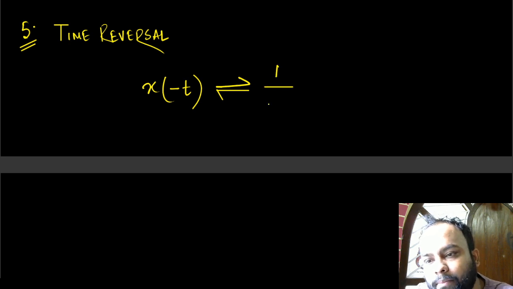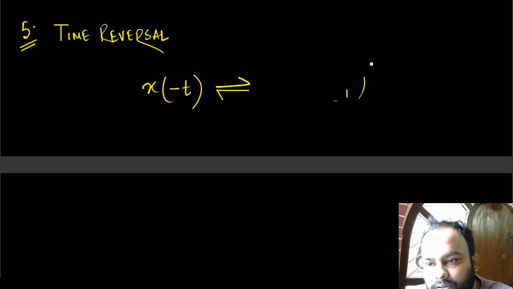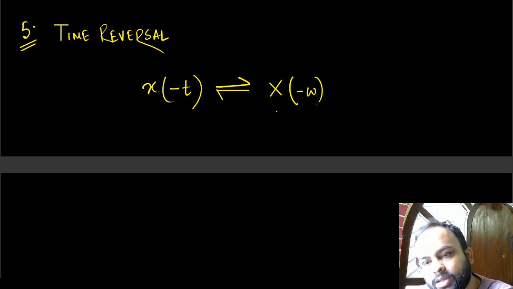So I have 1 by mod of minus 1 times X of omega by minus 1. So that's 1 and that's minus omega, right? From that previous property. So this is X of minus omega, right?